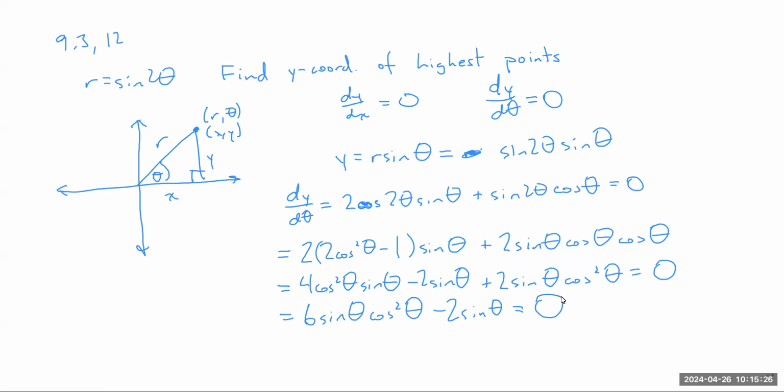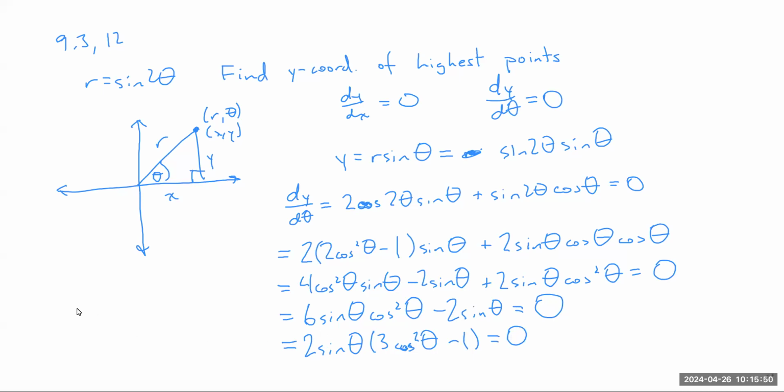Okay, so from there, how do we solve that? Factor the sine. I'm going to factor out 2 as well. So 2 sine theta times what? 3 cosine squared theta minus 1 equals 0.